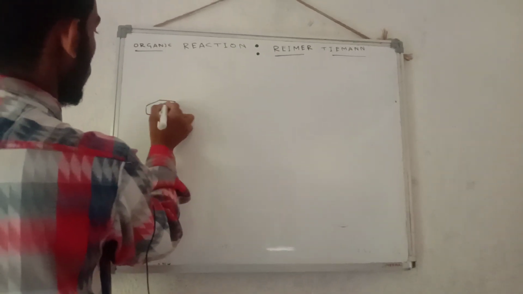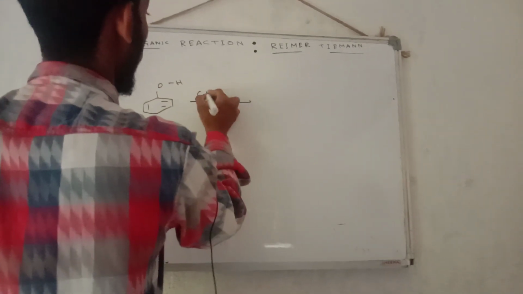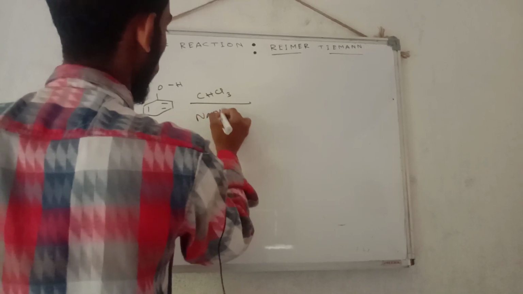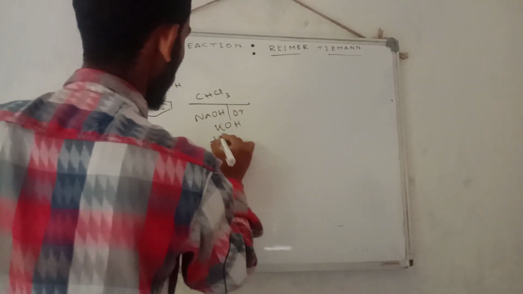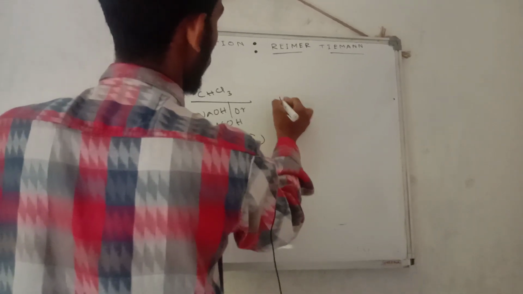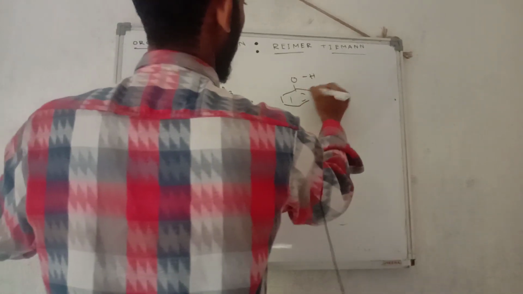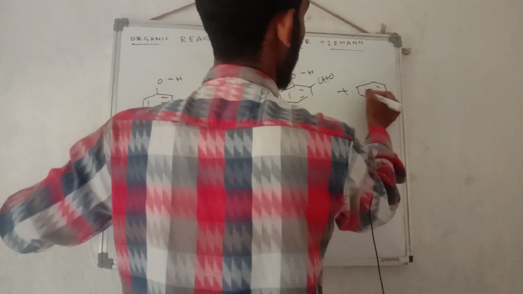Let us now write it down. Chloroform, sodium hydroxide or potassium hydroxide, then work up. What we will get? Ortho-hydroxybenzaldehyde and para-hydroxybenzaldehyde.